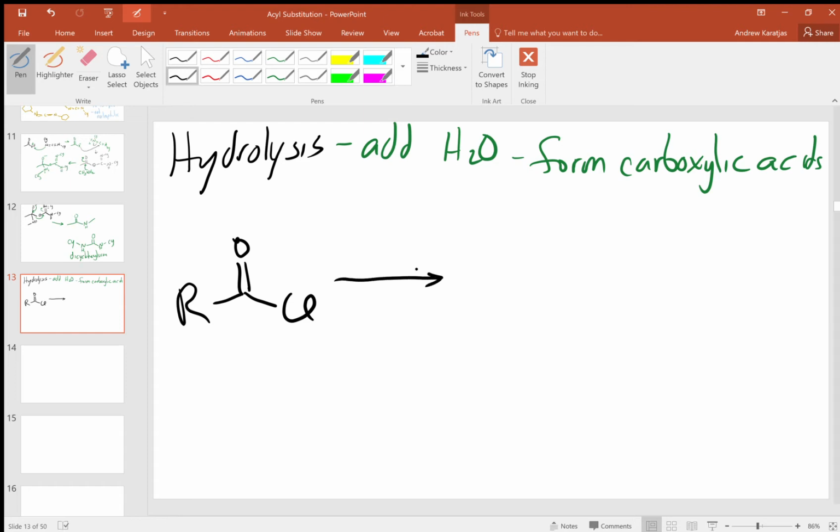So in the case of the acid chloride, all we need to add is water. We don't need to activate the carbonyl. We don't need a better nucleophile. That's because the acid chloride is such a good electrophile that by itself, water is a sufficiently good nucleophile. And so the water will attack the carbonyl, push the electrons up onto oxygen.